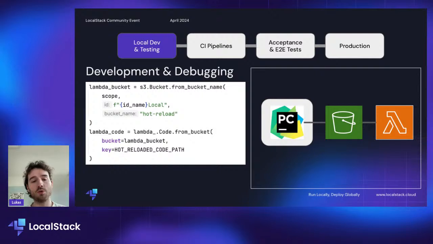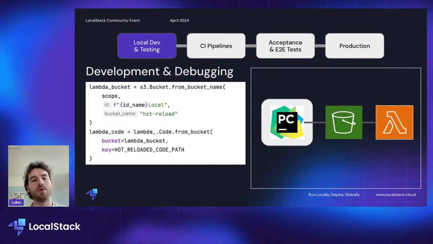For the concrete development and debugging, we make use of two very exciting and cool features. One of them is Lambda hot reloading, which I tried to depict on the right-hand side, which basically mounts files of your editor, in this case PyCharm, into an S3 bucket that Lambdas run from. On the left-hand side, I've included the code snippet that's needed to enable that.